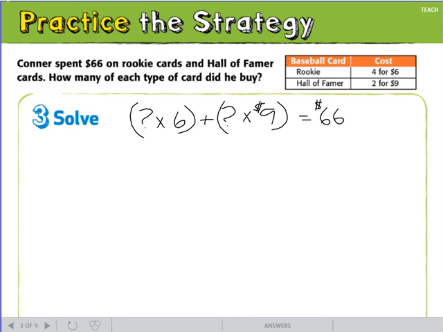Now, somebody give me 2 numbers. Give me a number that you think is going to make 66 for these 2. So, how many rookie cards are we going to say that you bought, Ricky? 6.